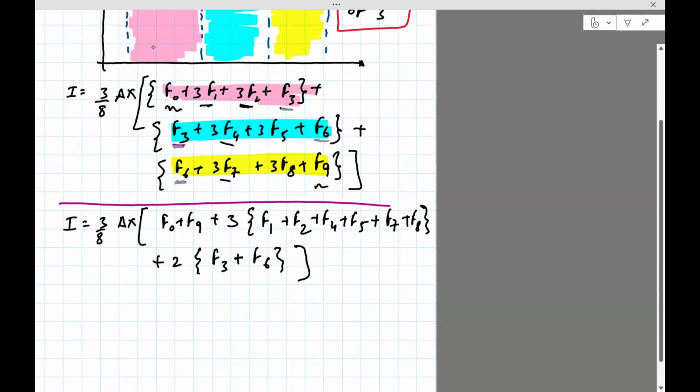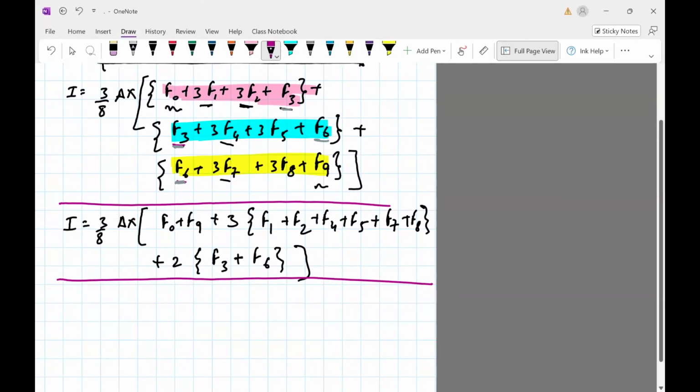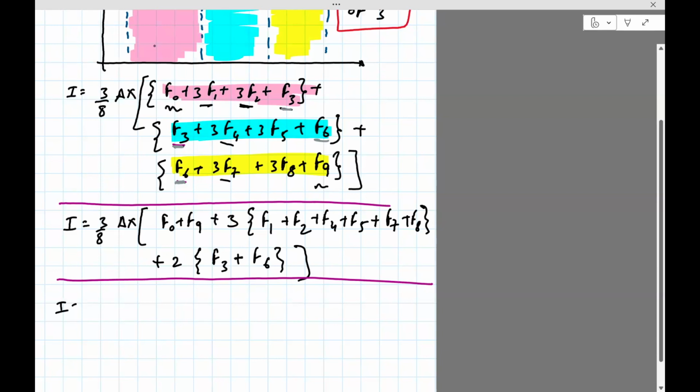Okay, so with that, we can try to come up with a very general formula for n. The first term and the last term are multiplied by 1. Now what we see here is this pattern: f1, f2, f4, f5, f7, f8.